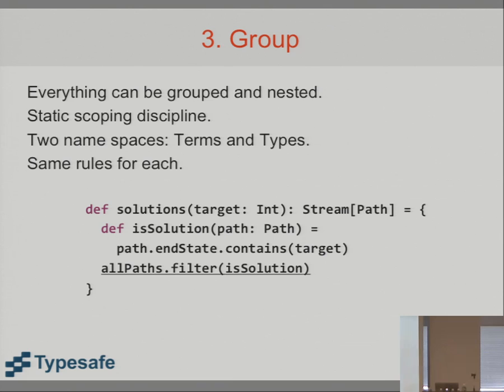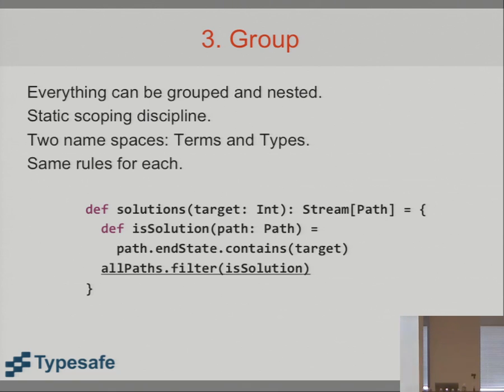So the nesting means that you have complete freedom to put your things into the closest scope where they should go. And the other thing it means is it encourages you to find names for new things. For instance, here we have a method solutions where we say I want a stream of paths, all the possible solutions.